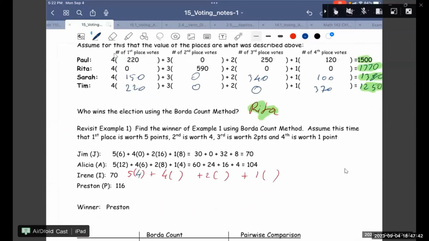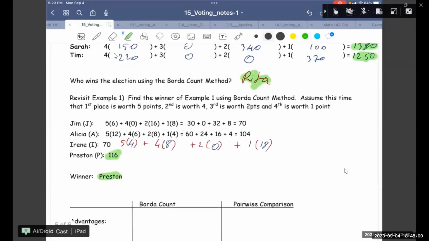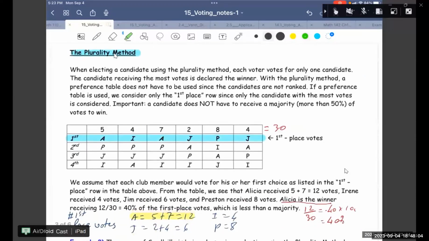And then the 4 is 8 and 0 and 18. So we add them up. So for Preston, so Preston is 116. So Preston is the winner. So right here, I can copy this one down for you. You can see this, and so you can see this better.